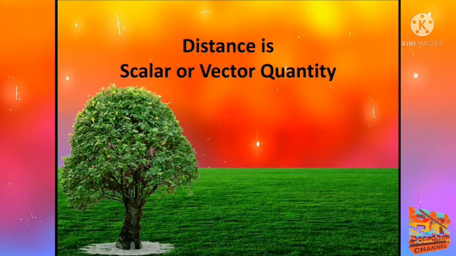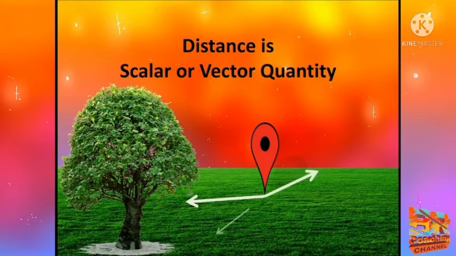Distance is a scalar quantity. Now in order to define whether it is scalar or vector, my dear children, you need to know what a vector is and what a scalar quantity is. I told you distance is a scalar quantity, but how am I saying that? So in order to know that, you need to know what is scalar and what is vector. See here, I am showing you different directions.